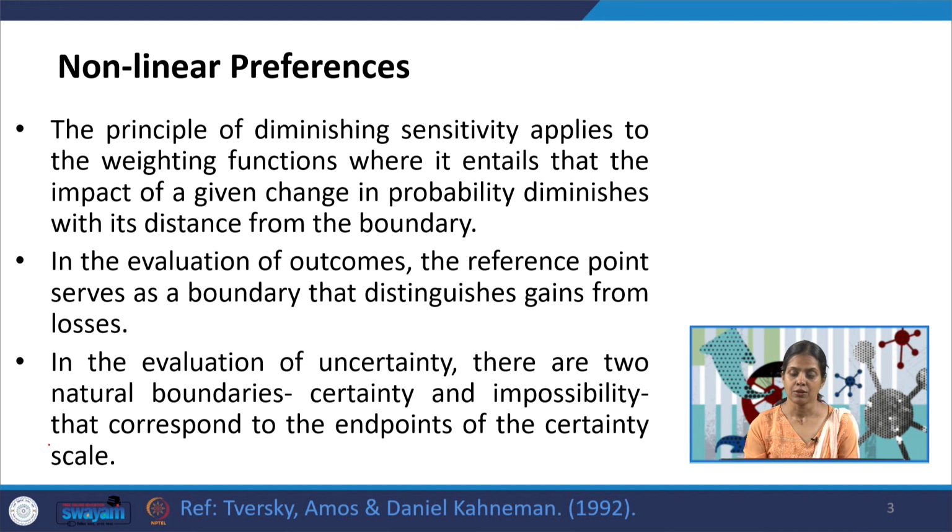certainty scale. As you understand, any probabilities lie between 0 and 1, with the two endpoints inclusive. So, the boundaries are certainty when the probability is equal to 1 and impossibility when the probability is equal to 0. Similarly, these are the boundaries of uncertainty, and the weighting functions also would have this kind of boundaries.